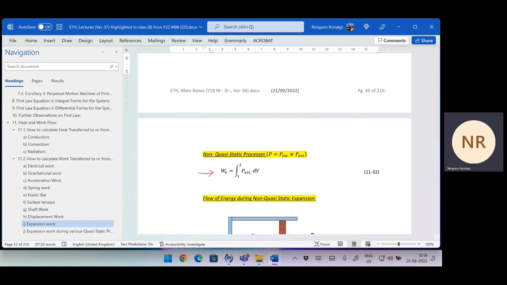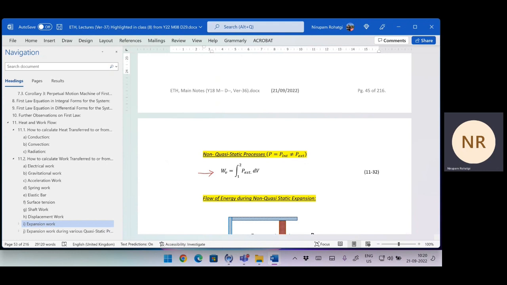And if you rightly say the question cannot be solved, you get full marks. So our understanding should be clear. If P external is not known to us, we cannot find the work done by the system on the surroundings. Simple, leave it there. We should be confident that it cannot be done.